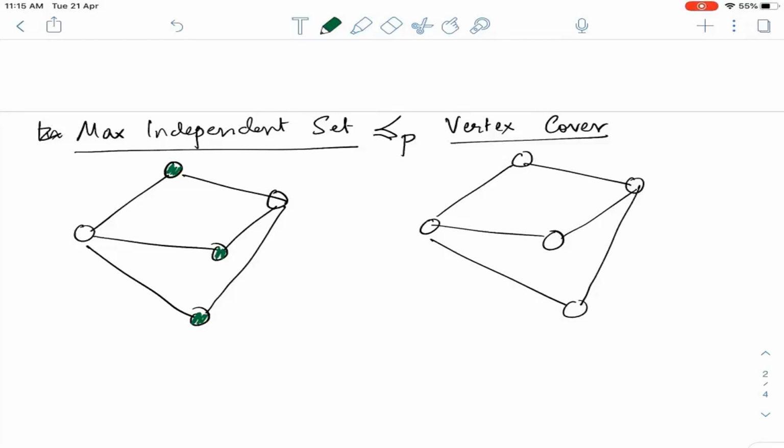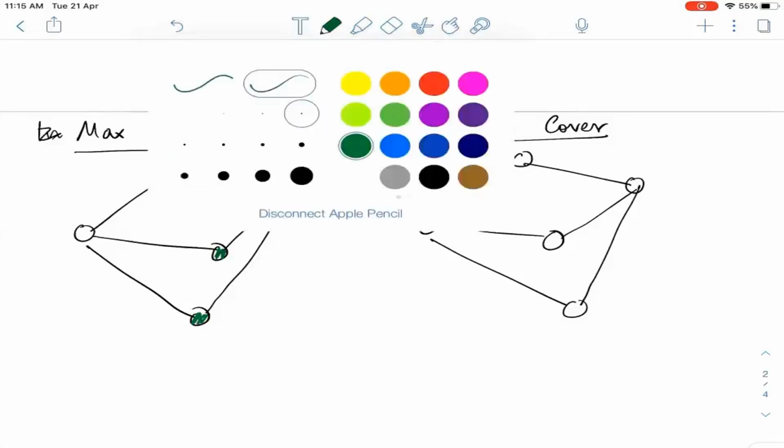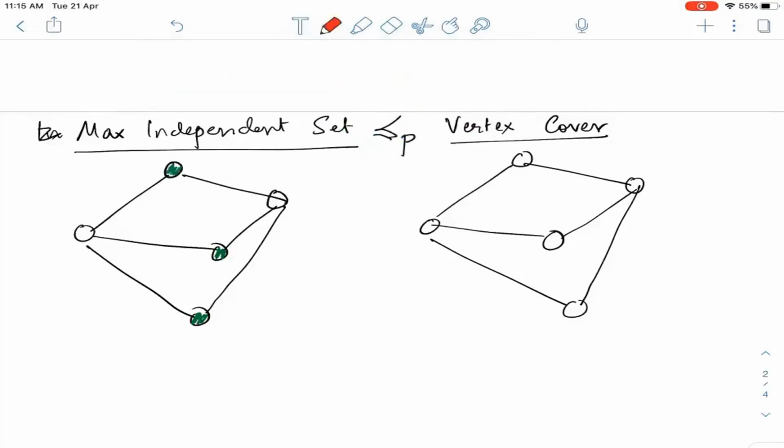So that's the independent set problem. Now, what's the vertex cover problem? Somehow it's complementary. It says give me a bunch of vertices such that they cover every edge in my graph. What do I mean by cover? It means that you give me a bunch of vertices such that every edge has at least one endpoint incident on this set.